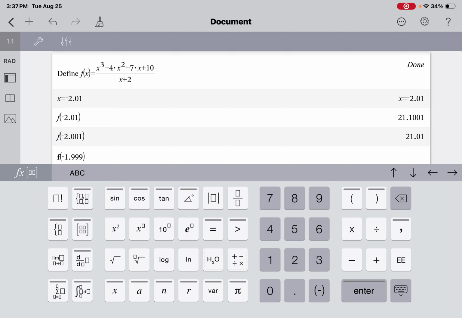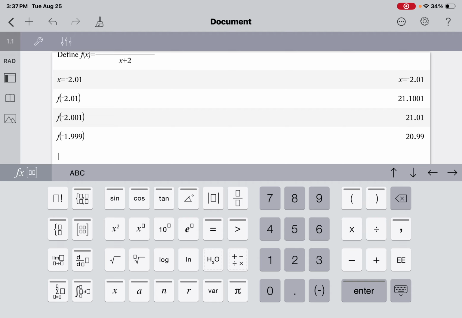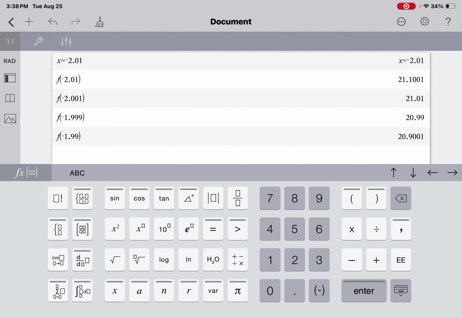Then I'm going to do just two 9s this time. That's how I get all of my values here. Let me write this down real quick.